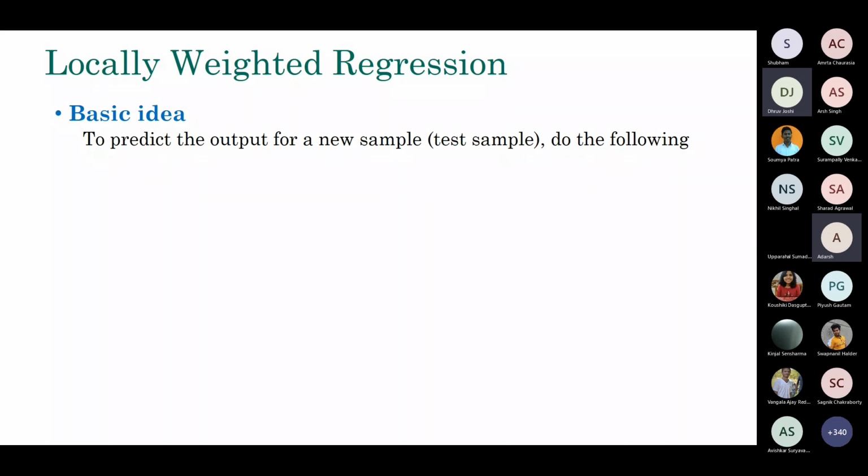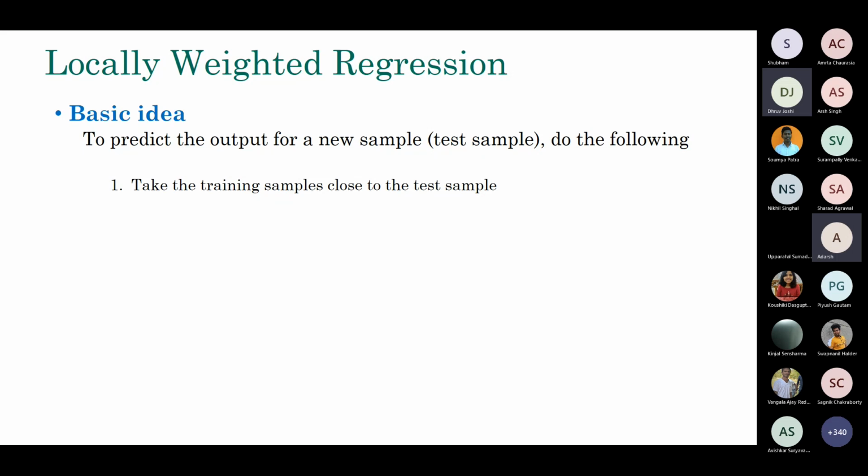Let's start with the basic idea of locally weighted regression. The basic idea is to predict the output for a new sample, because a test sample doesn't have the output label, and you have to predict it. What you do is take the training samples close to the test sample.